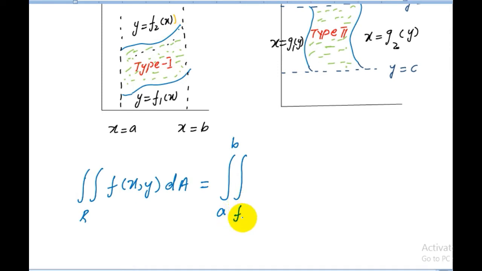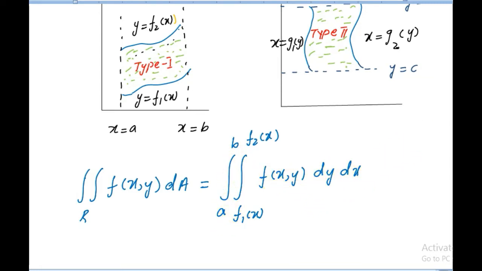So variation of y is f1(x) to f2(x), f(x,y) dy dx. f1(x) to f2(x) is the limit of y and a to b is the limit of x.